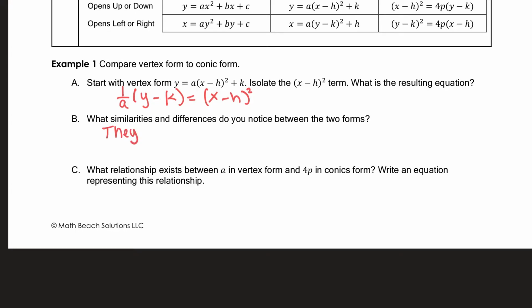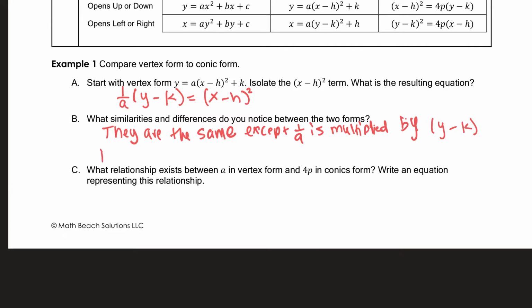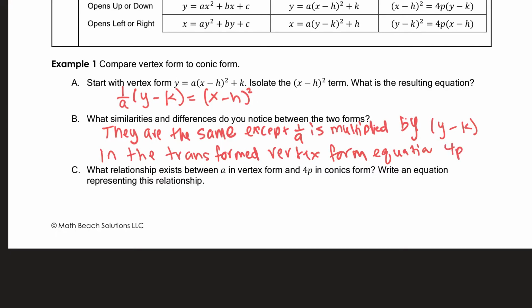They are the same, except we have 1 over a is multiplied by y minus k in the vertex form equation, we also have 4p is multiplied by y minus k in the conic form.